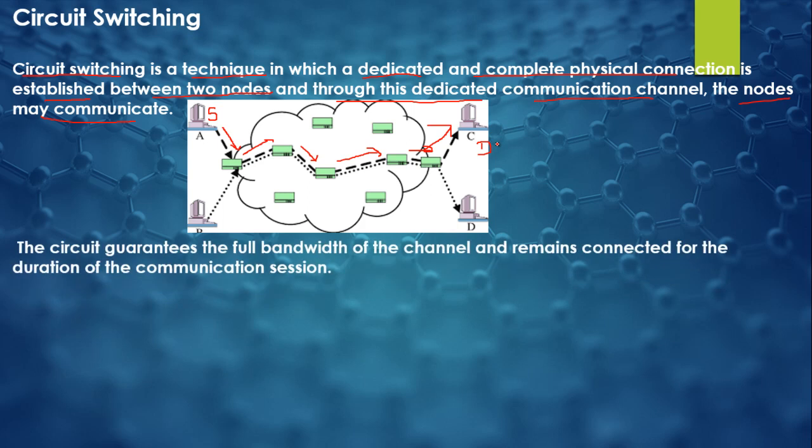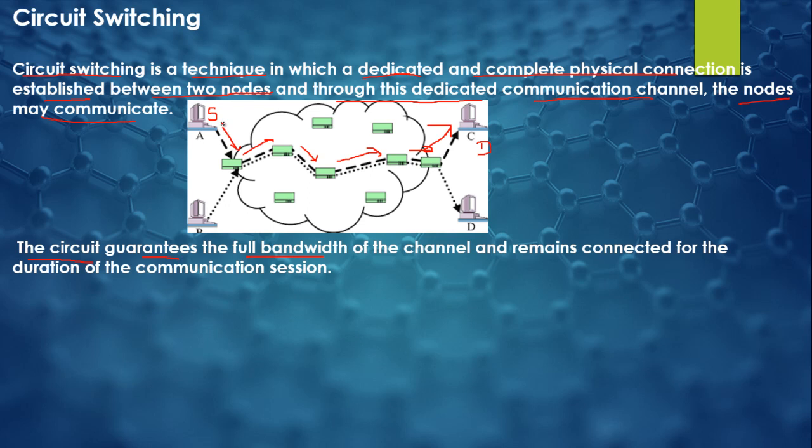Then the next thing is that when the circuit switching concept is used, a dedicated path is established between the source computer and the destination computer, so that circuit guarantees the full bandwidth.